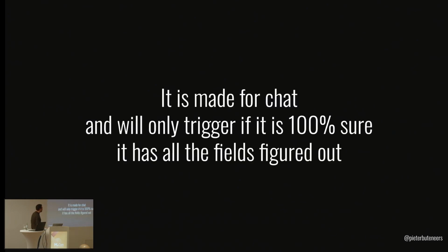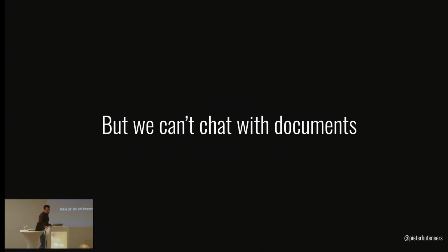Well, it's really made for chat, and it's really made to trigger an API call, not return an output format to you. So you're not 100% sure that you get an output, and you're not 100% sure that whatever you ask for, you're getting at that point, even though that's what you typically would have with an API call. So for us, it was just a lot more work to make it work than to do it the other way.